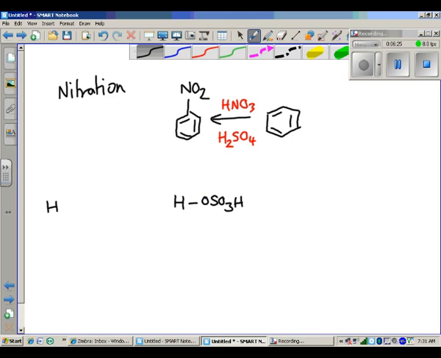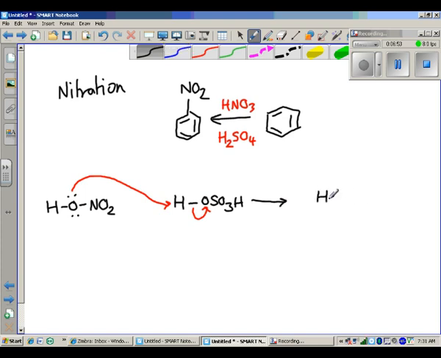And then I'm going to draw out the part of the nitric acid that's also important. Because what we have here is a situation where the electron pair on this oxygen from the nitric acid is going to grab this hydrogen from the sulfuric acid, basically telling you that the sulfuric acid is the stronger acid of the two.